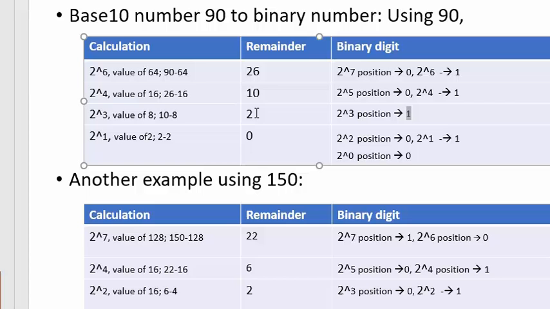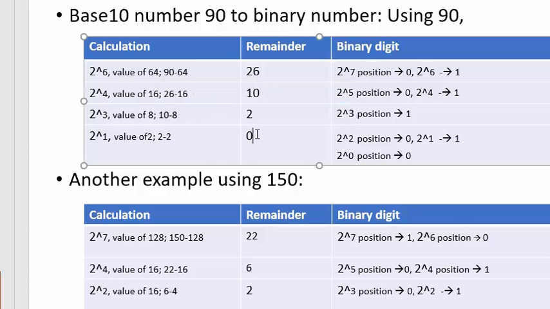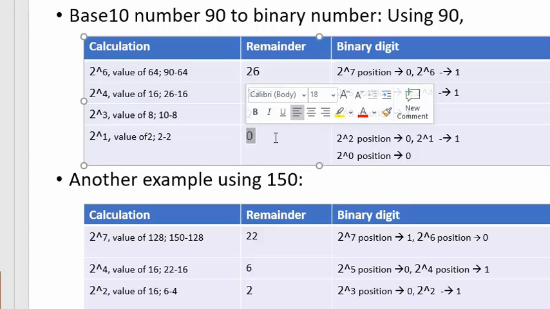And 2 to the 2 we cannot use. Why? Because the remainder is 2. 4 doesn't go into 2, so we skip the 2 to the 2 position and give it 0. And we use 2 to the 1 in our next calculation, 2 minus 2, and the remainder is 0.